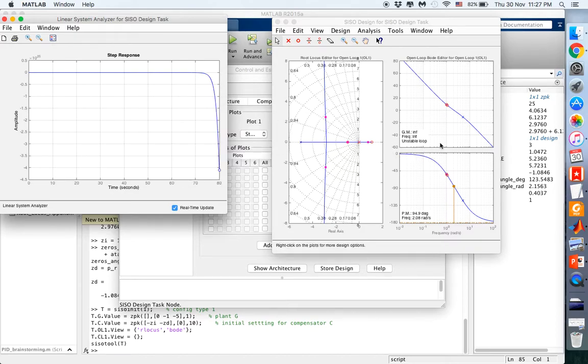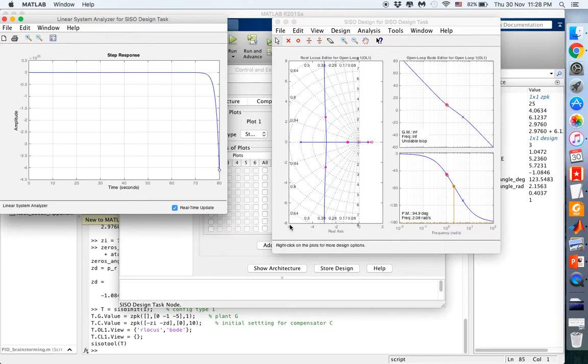Look at the root locus diagram here. It is an unstable loop because a zero is located on the right side of the s plane, so we have a root locus on the right side of the s plane.